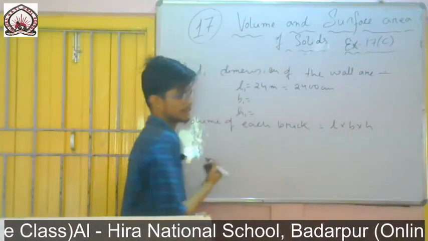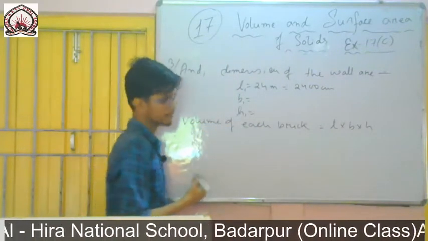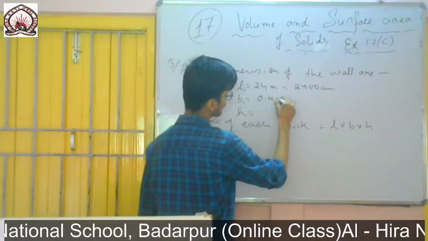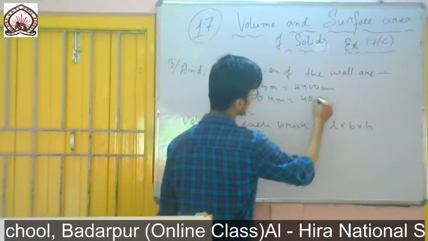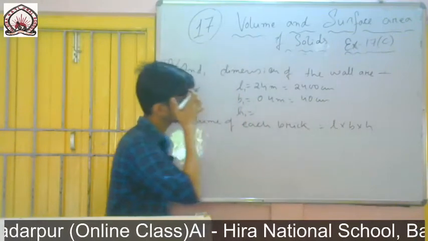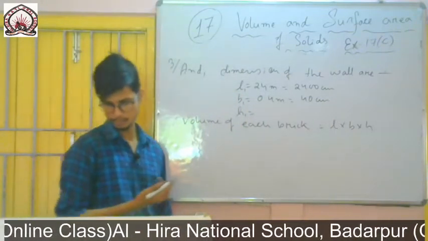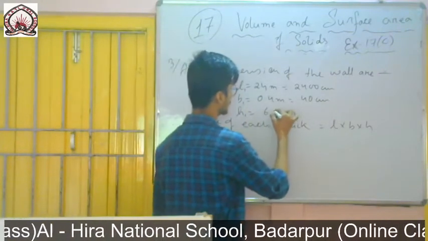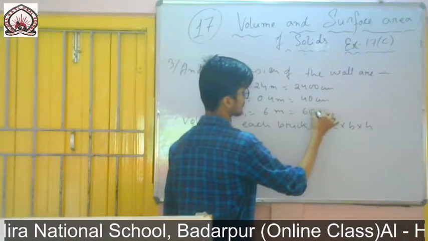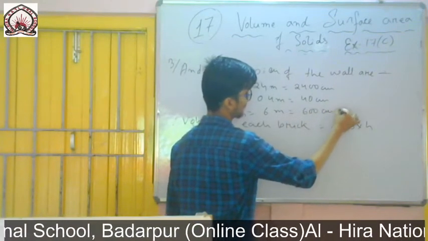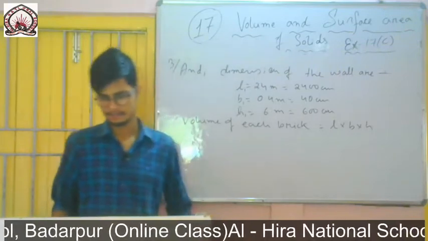Then next one, you see it is 0.4 meter. It will be 40 centimeter. 0.4 meter into 100, it is 40 centimeter. And then last one, it is 6 meter, which is 600 centimeter.